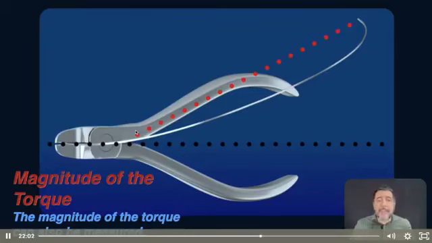We can even assess the magnitude of the torque in relation to the center of the pliers. Of course, this is not that precise, but we have a trained eye to do that. We can have an approximation of what we see in relation to the center.